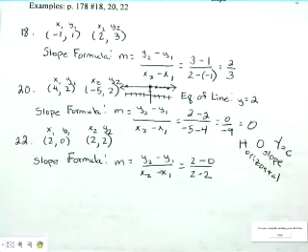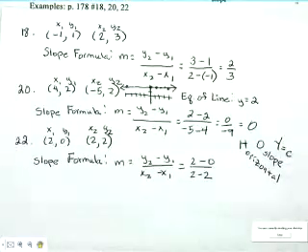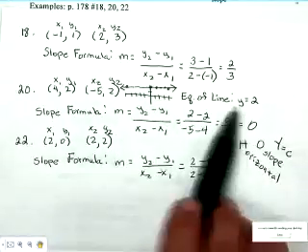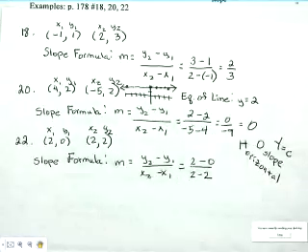That's all you need to know about horizontal lines. The equation is y equals something, in this case y equals 2. It's always horizontal, and the slope is always 0.